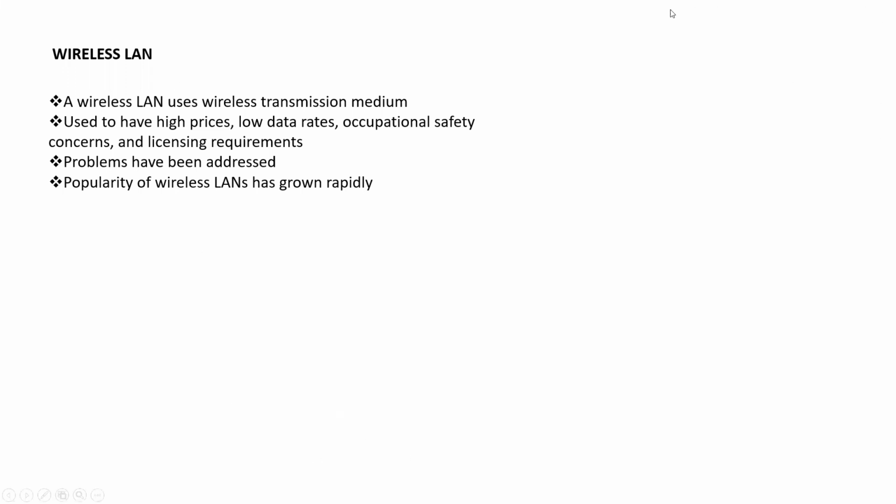So we have covered the first unit, first block, and second unit, all the important points. We will start with the third unit of block 1 in our next lecture. For this, you must write out the differences between each communication mode: parallel, serial, asynchronous, synchronous, isochronous, simplex, half duplex, and full duplex.